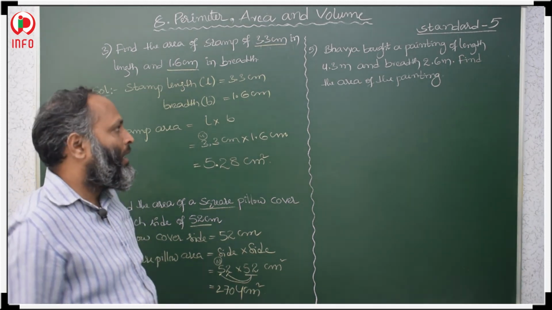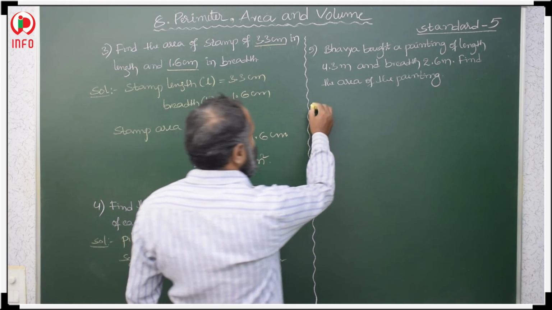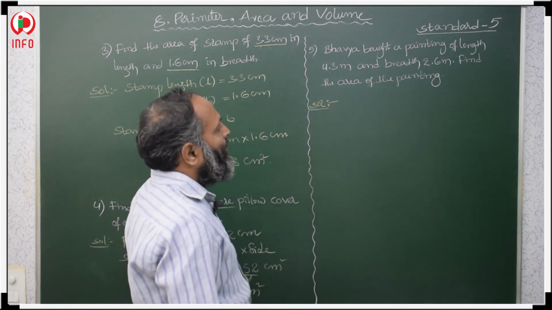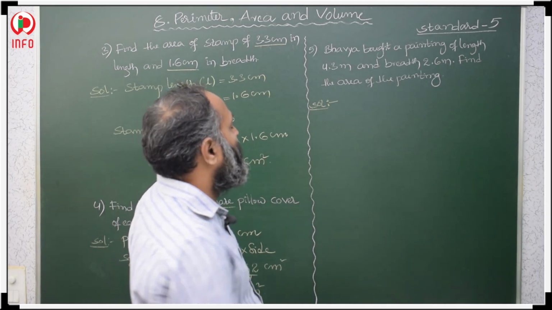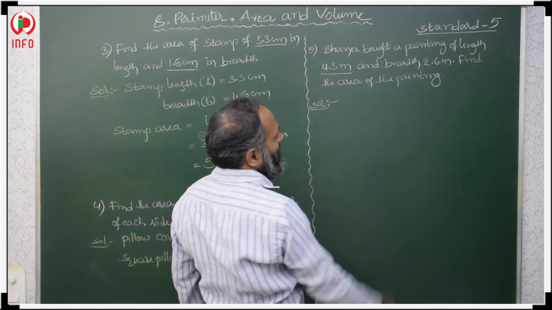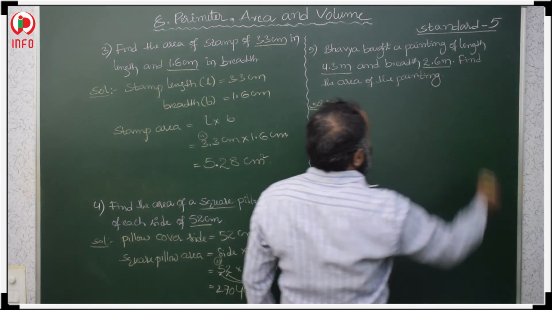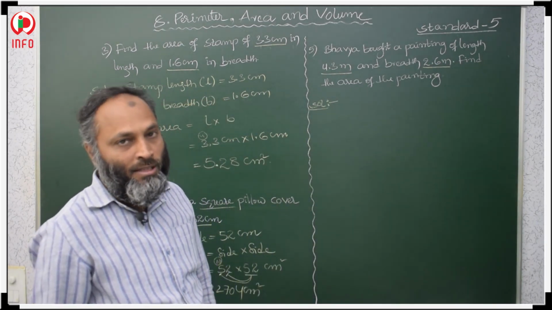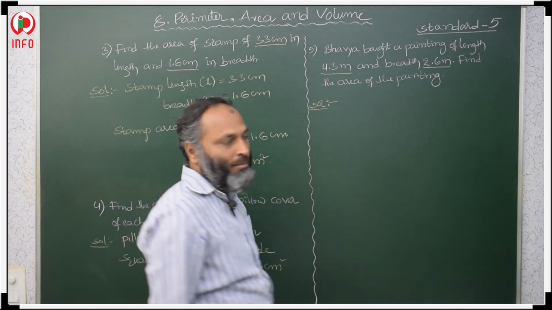Okay. Now, after that, Bhavya bought a painting of length 4.3 centimeters and breadth 2.6 centimeters. Find the area of the painting. Painting length is given and breadth is given. So, painting is in rectangular shape.